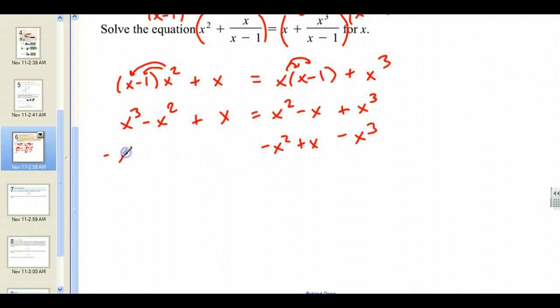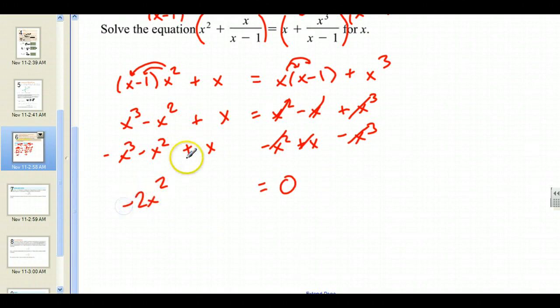So subtract an x cubed, subtract x squared, add an x. Alright, everything's gone over here. So we've got it set equal to 0. X cubed minus x cubed is 0. Negative x squared minus another x squared is negative 2x squared. And then x plus x is 2x.